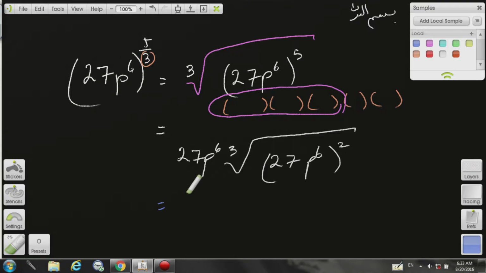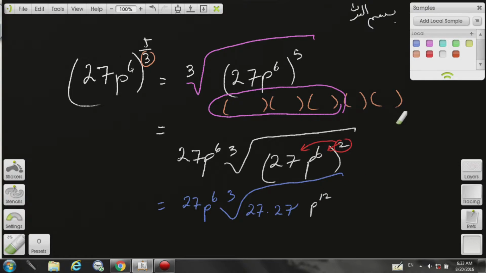Alright. So then we have 27p to the 6th and the third root of 27 times 27. I can distribute this, right? And then I have p to the 12th. But this is a third root, see?